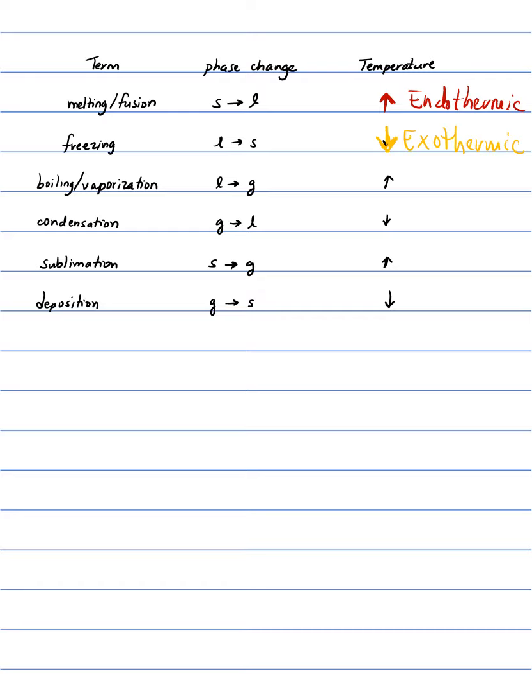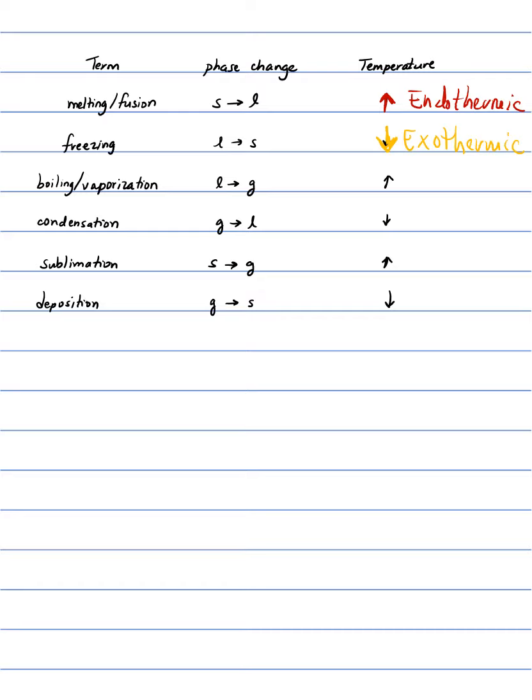At the end of the table, I have two terms that you probably are not too familiar with: sublimation and deposition. In general, we know what melting, freezing, and boiling are, but sublimation and deposition are phase changes that do not pass through a liquid.